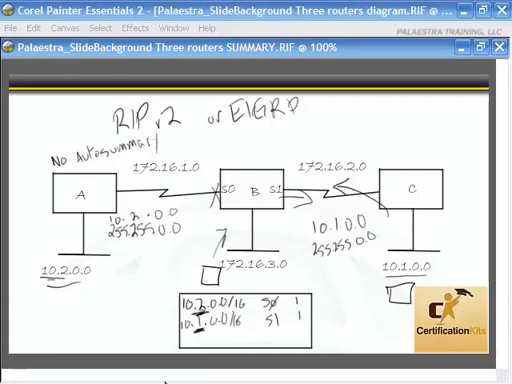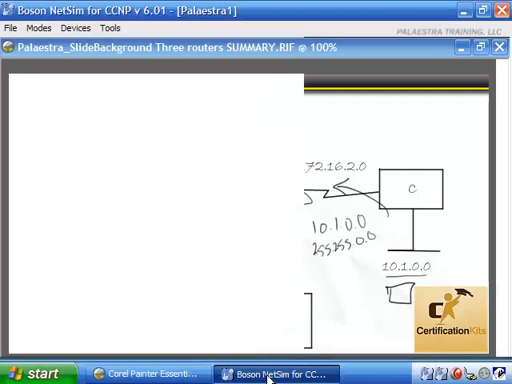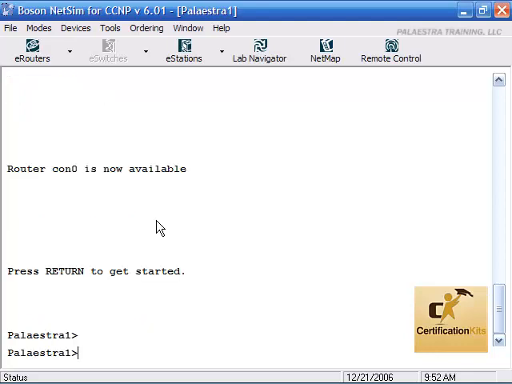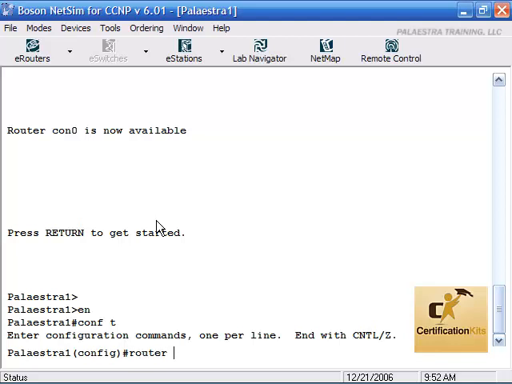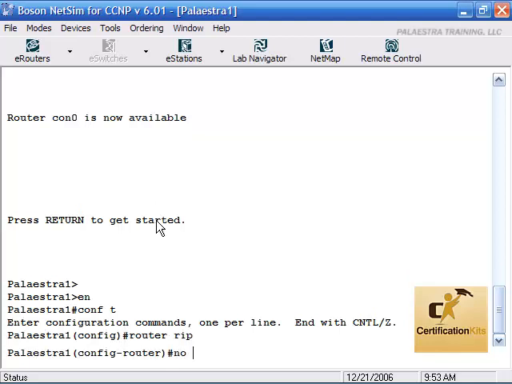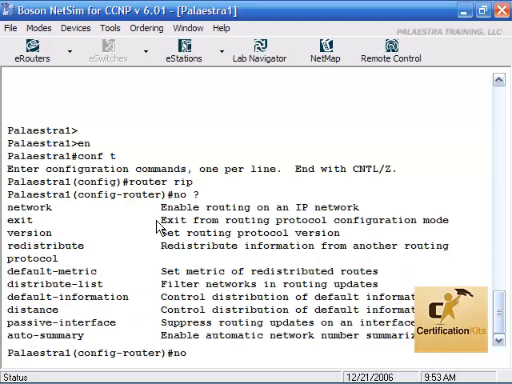So I'll bring up my simulator, and the command that I would use if I had RIP running just like we showed in the slide: I would go router rip, and then no, and if I forget how to spell it, I can just use my question mark.